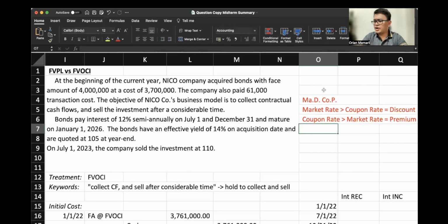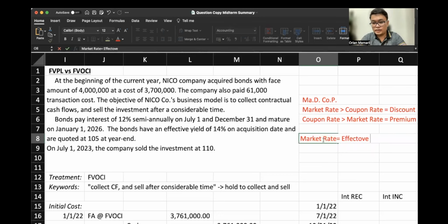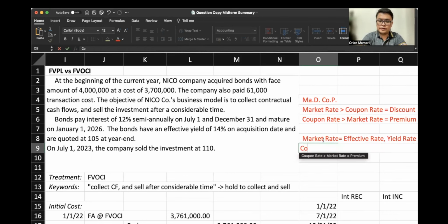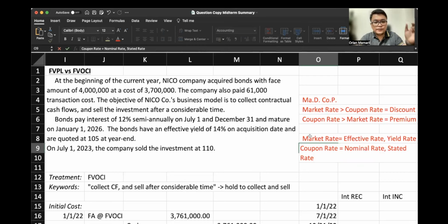And there are different terms that you may encounter in your exam or quizzes. For market rate, that is called effective rate or yield rate. For coupon rate, we can call it nominal rate, stated rate. Those are the other terms. Actually, coupon rate sometimes is given right after the investment or bond that is worded.